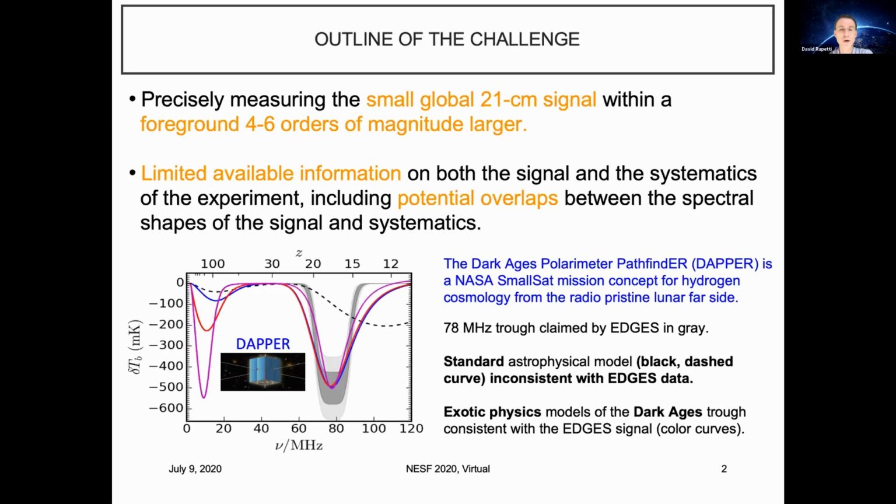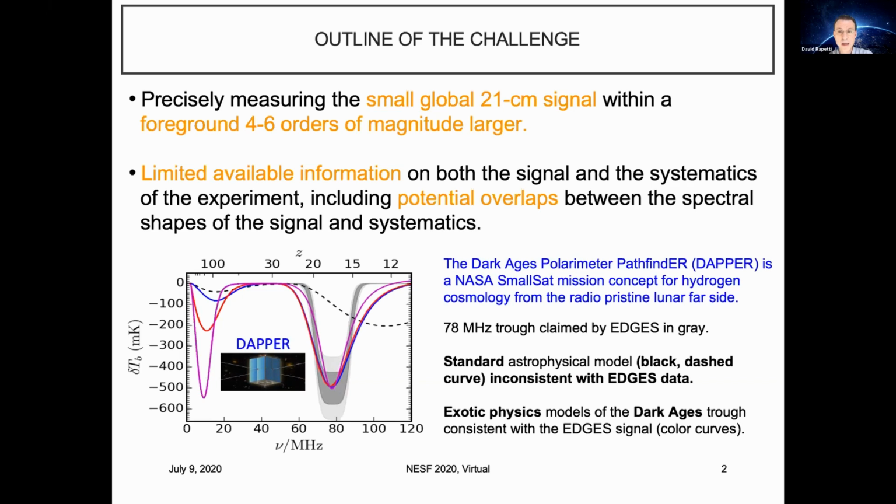So one of the points of the Dark Ages Polarimeter Pathfinder, which is a small mission concept that Jack discussed as well, is to verify this measurement and improve its precision and accuracy.